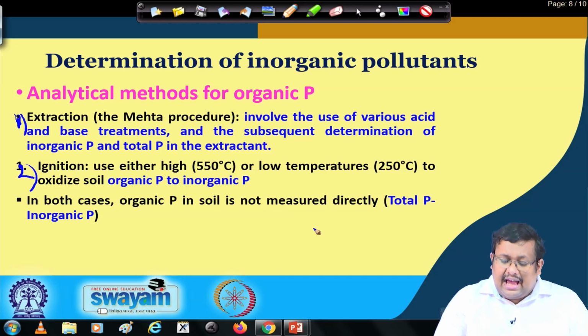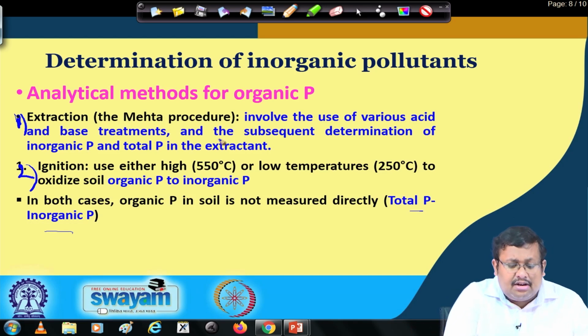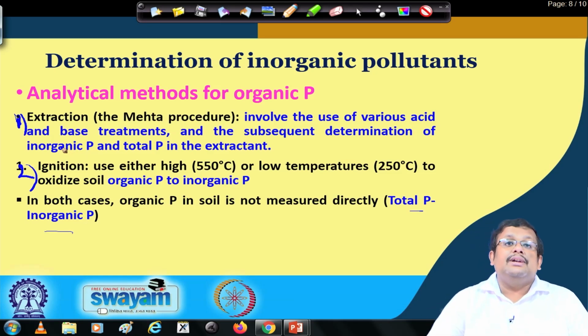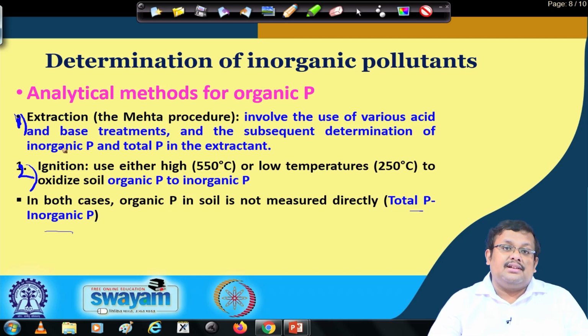How? They either measure total phosphorus and inorganic phosphorus and subtract them to get the organic forms of phosphorus, or they measure organic phosphorus after it is converted to inorganic phosphorus. The extraction or Mehta procedure involves the use of various acid and base treatments and the subsequent determination of inorganic phosphorus and total phosphorus in the extractant.